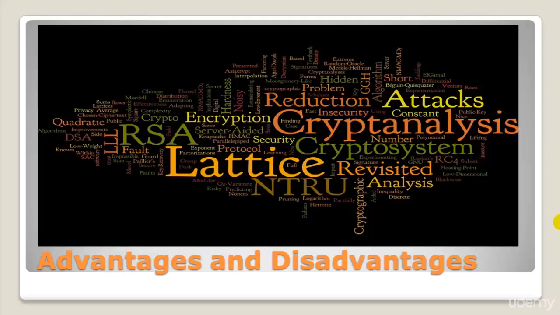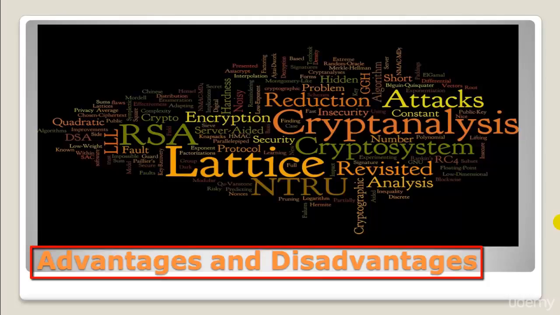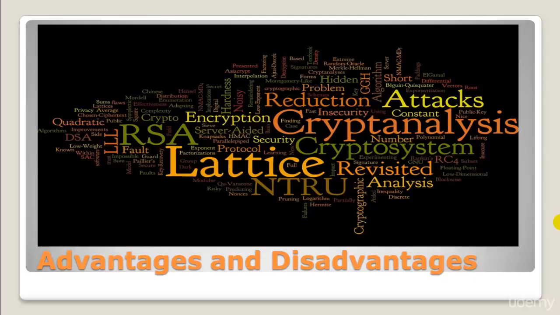And finally we come to the advantages and disadvantages of cryptography. So even though public key cryptography is the accepted standard, it's not foolproof. For this reason, it has not completely replaced symmetric cryptography. So there are some advantages and disadvantages of it.